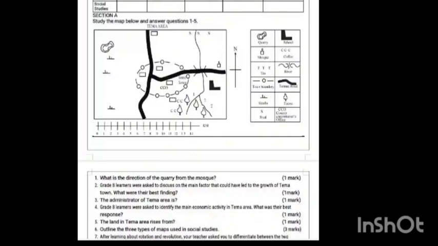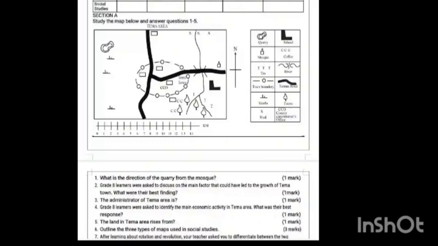So rotation refers to the movement of the earth on its own axis for 24 hours, while revolution is the movement of the earth on its orbit around the sun for 365 and a quarter days. So that is the first distinction that you can use.